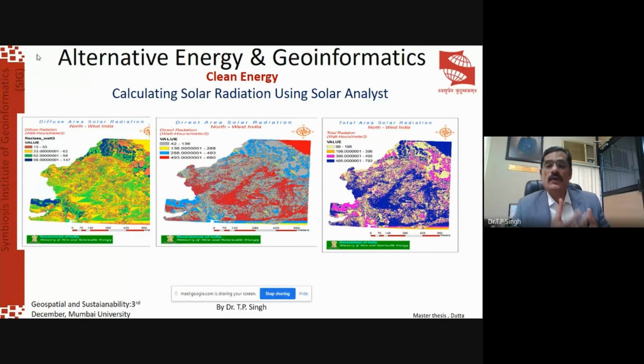If I understand the amount of radiation at a particular area, those areas would be very suitable for putting solar panels, where we are going to have more energy. These are the kinds of work we can do to achieve our goal of sustainable development.